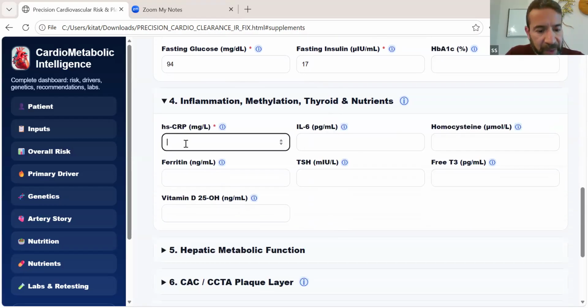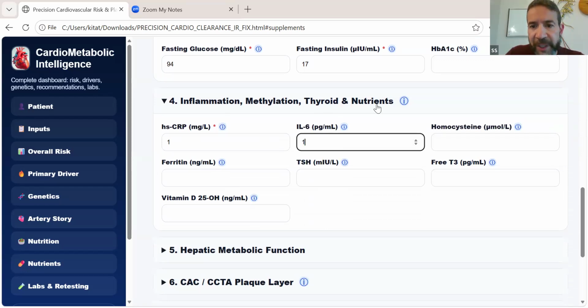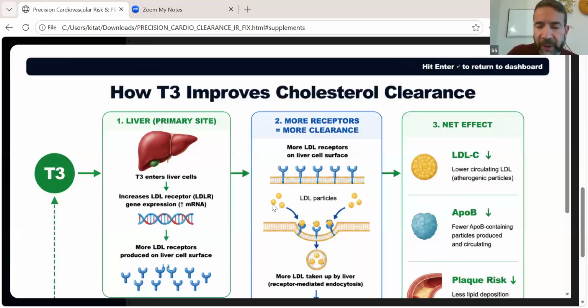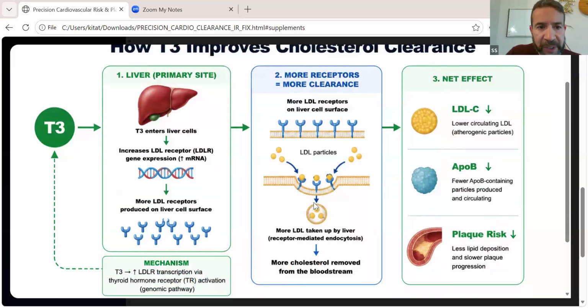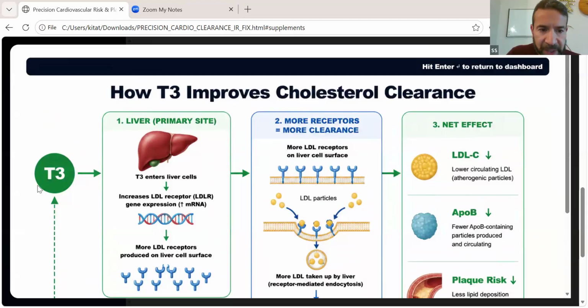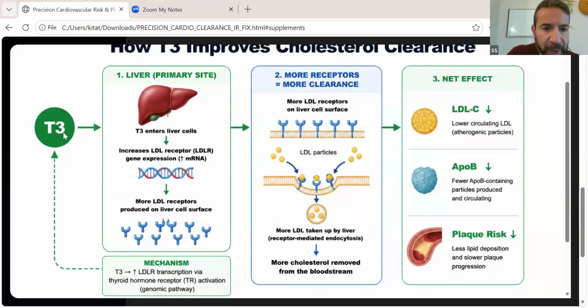Inflammation, let's say we have that under control. Okay, inflammation and thyroid. And let's say you want to know why this is important. All right, why thyroid or T3, free T3 is important. If you have low T3, if you have a condition such as hypothyroidism, then you are affecting the level of clearance.